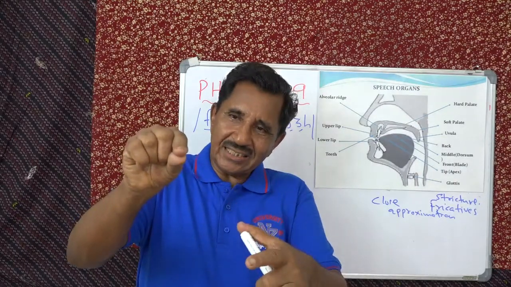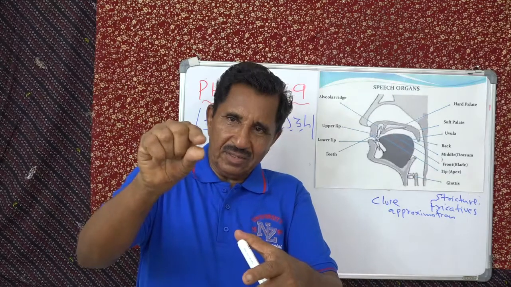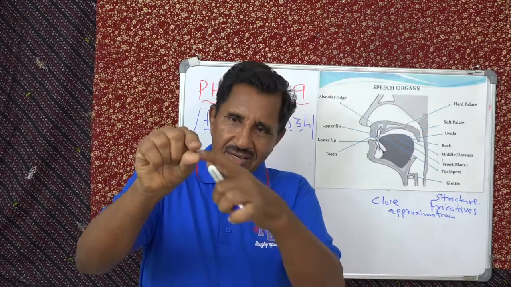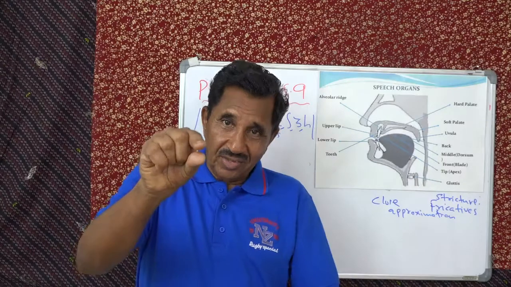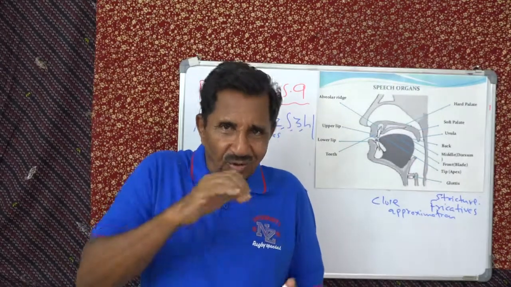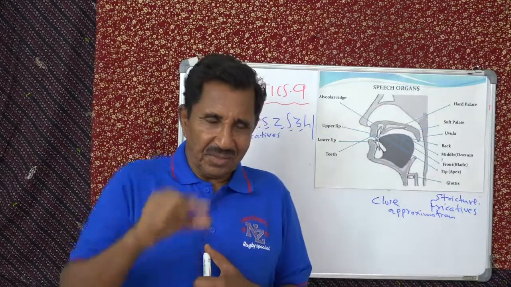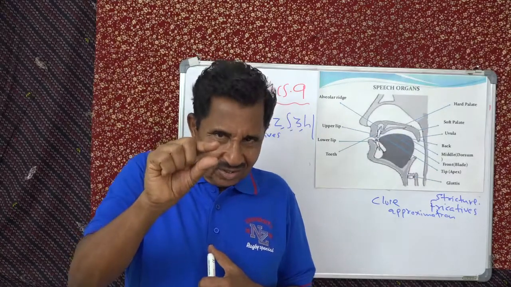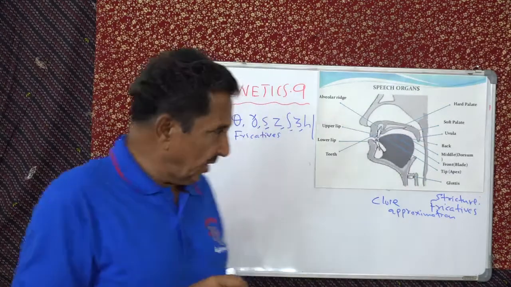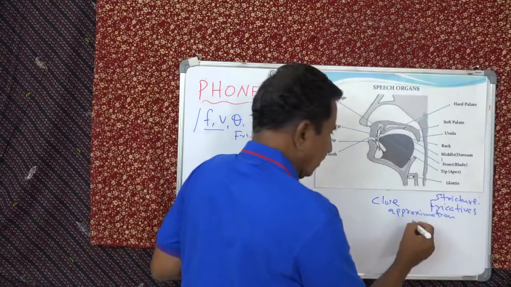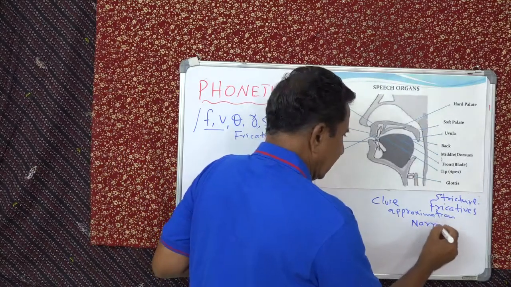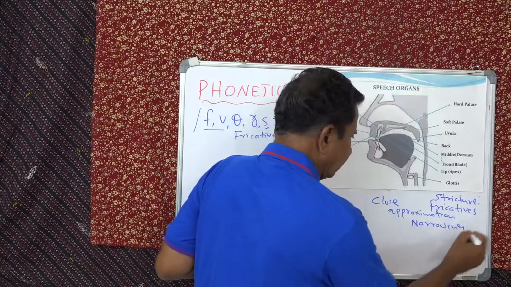They don't touch. Touch means closed, but like this, and the air passes out with the friction. With slow release, that's the thing. The passage is narrowing, yes. Close approximation, or another phrase we can use is narrowing of the passage.